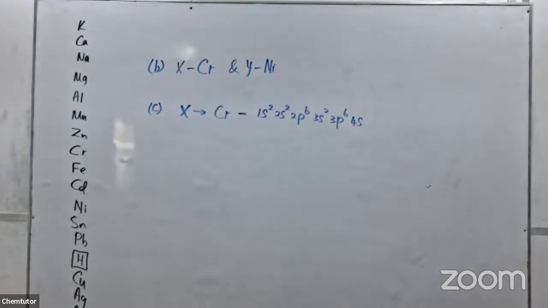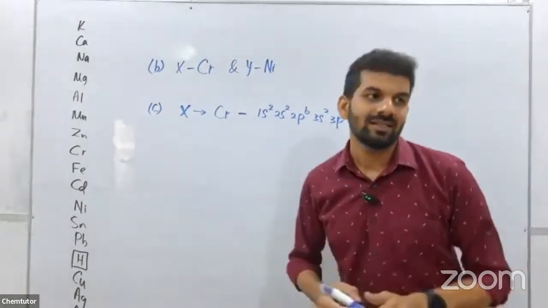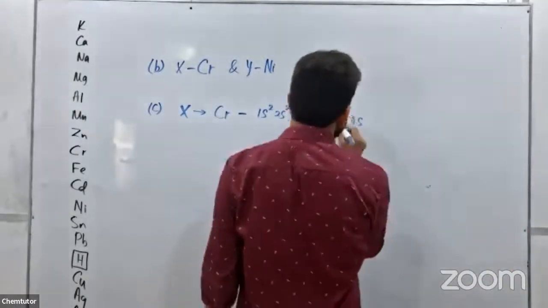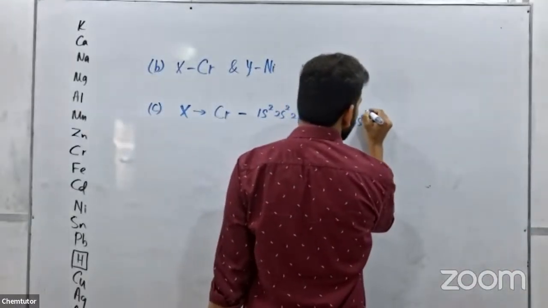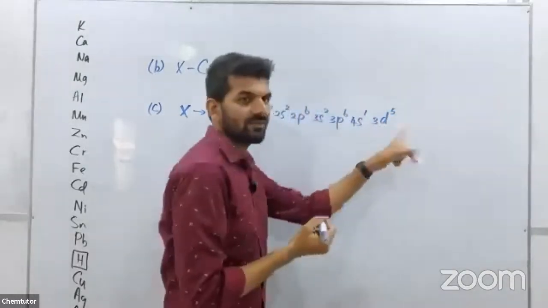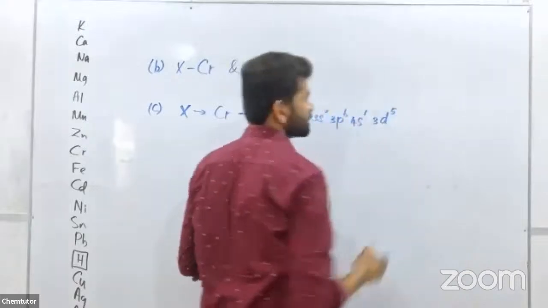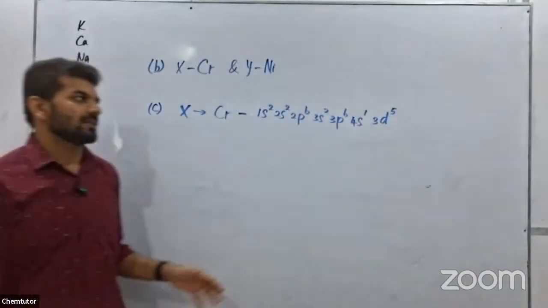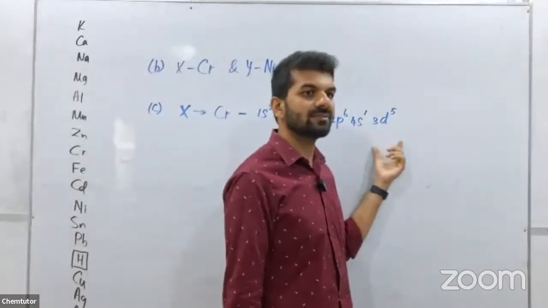So here the electron configurations of the metals are being asked. So it is 24. So it is 3s2, 3p6, 4s1, 3d5, right? Not 4s2, 3d4 like the others, because the half filled configuration is more stable.